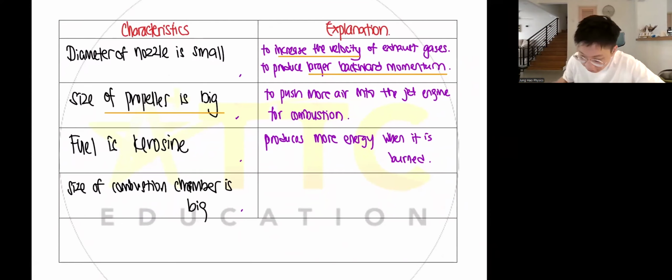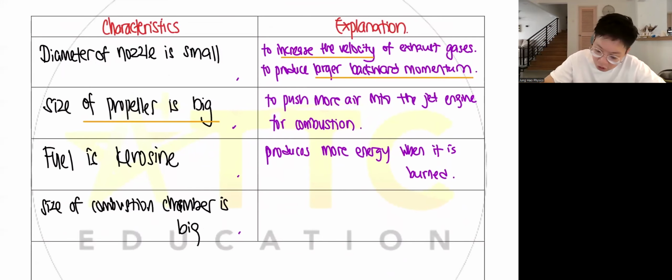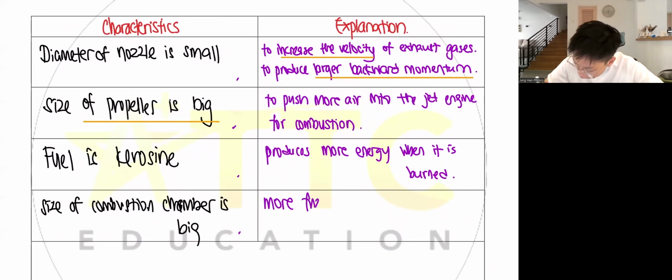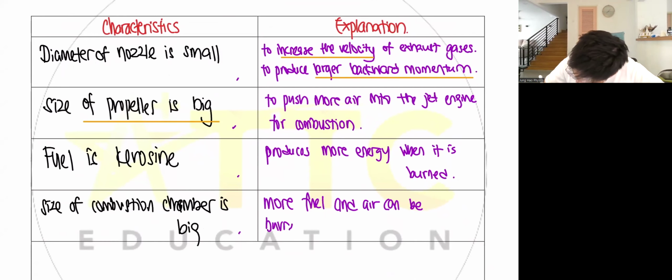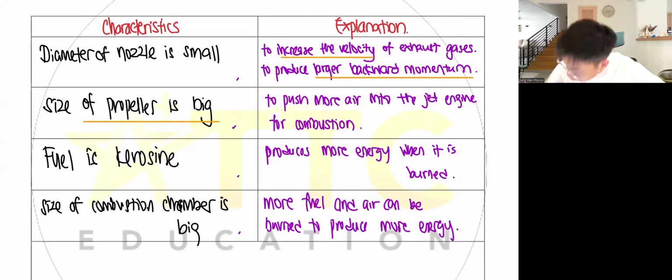Okay, next, the size of the combustion chamber is big. What we want here is that more fuel and air can be combusted to produce more energy.